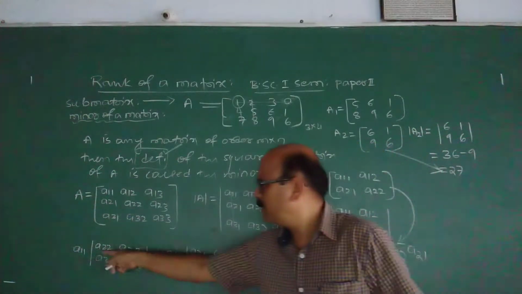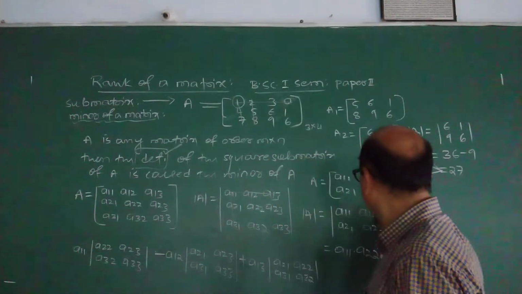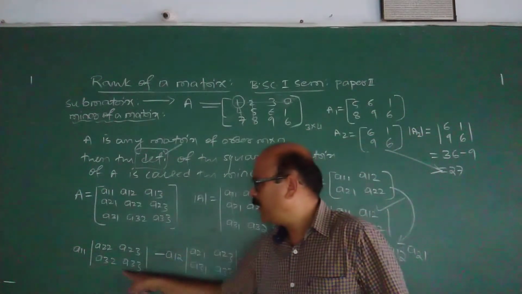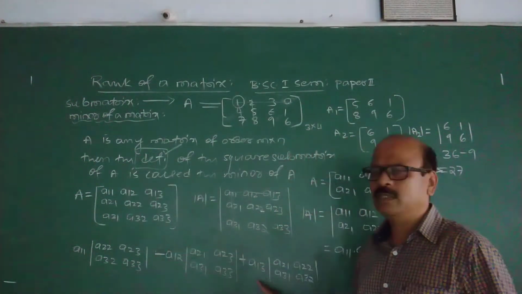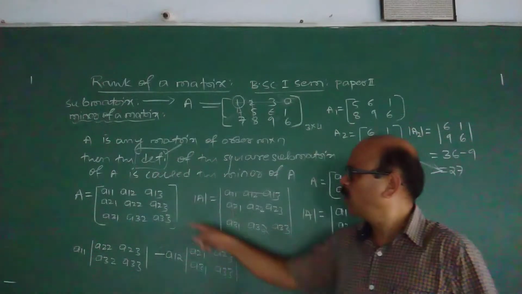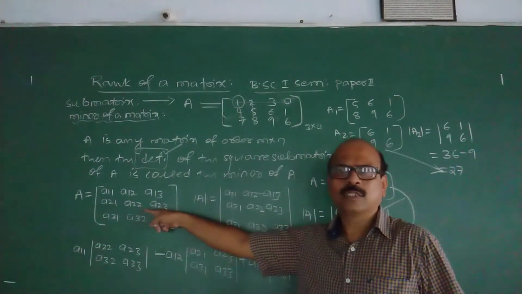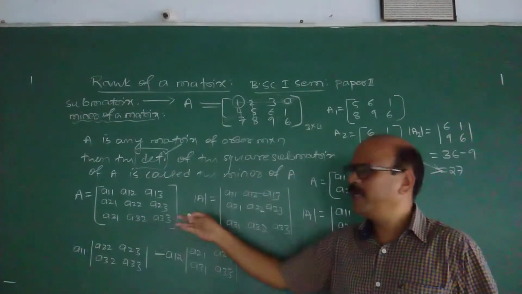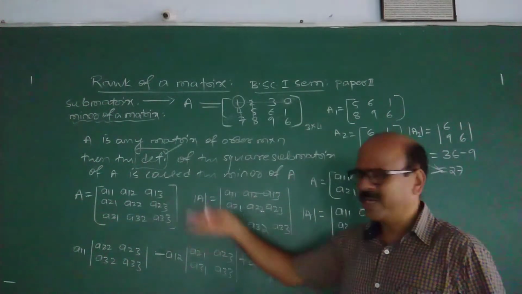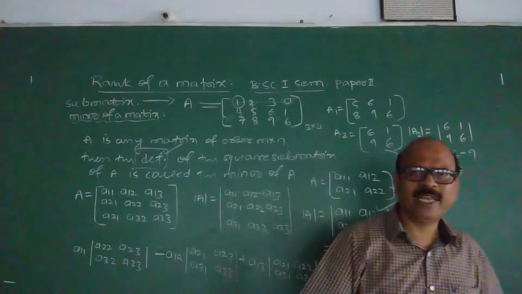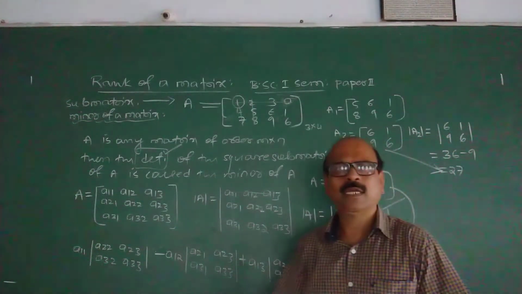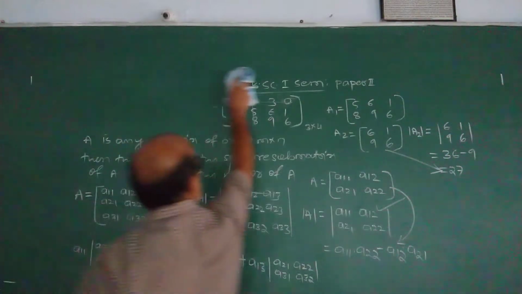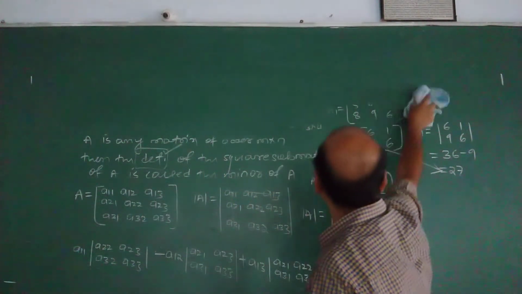And you know how to expand this determinant. Second order, here in the beginning we have defined second order determinant. Expand, you will get the value of this as a real number. That is called determinant of this square matrix of order 3. Thus we define determinants. Further you have studied many properties of these determinants and how to use properties of determinants.